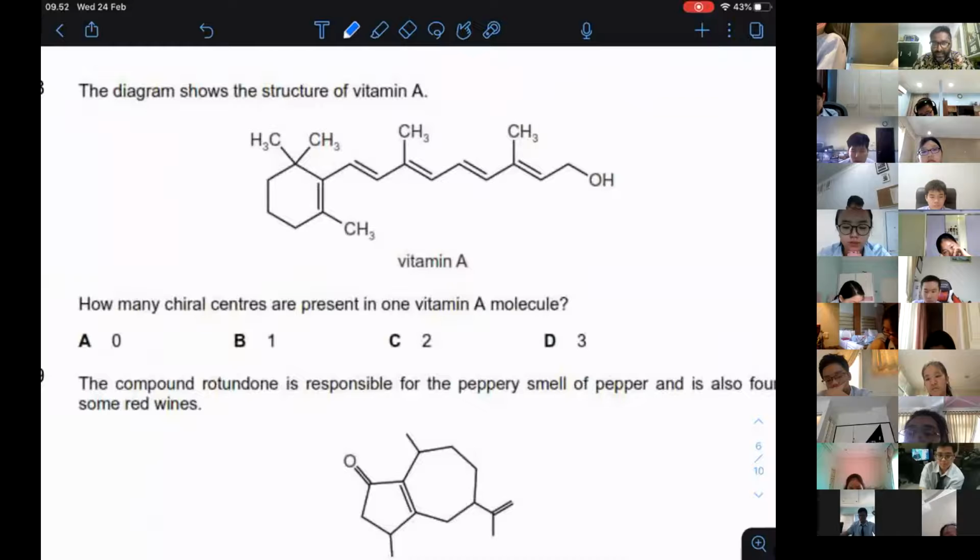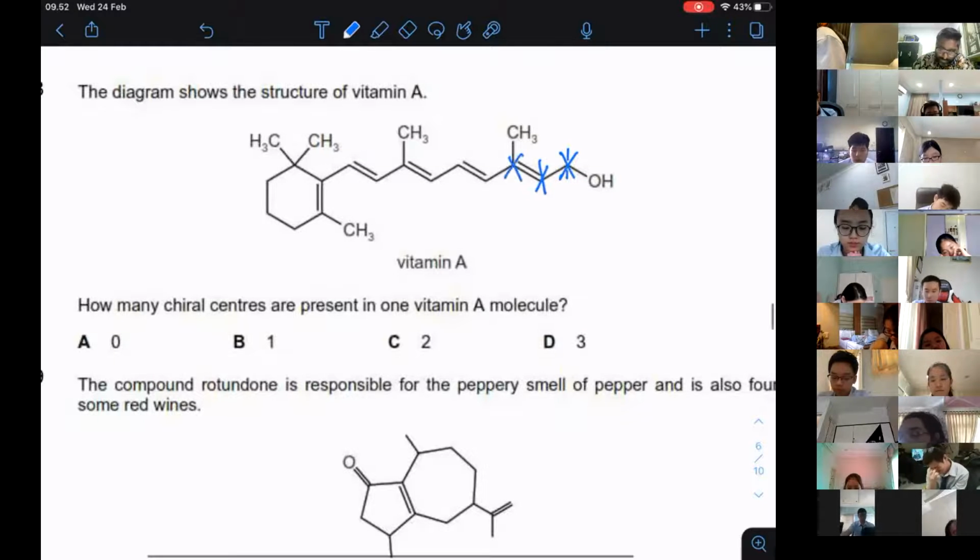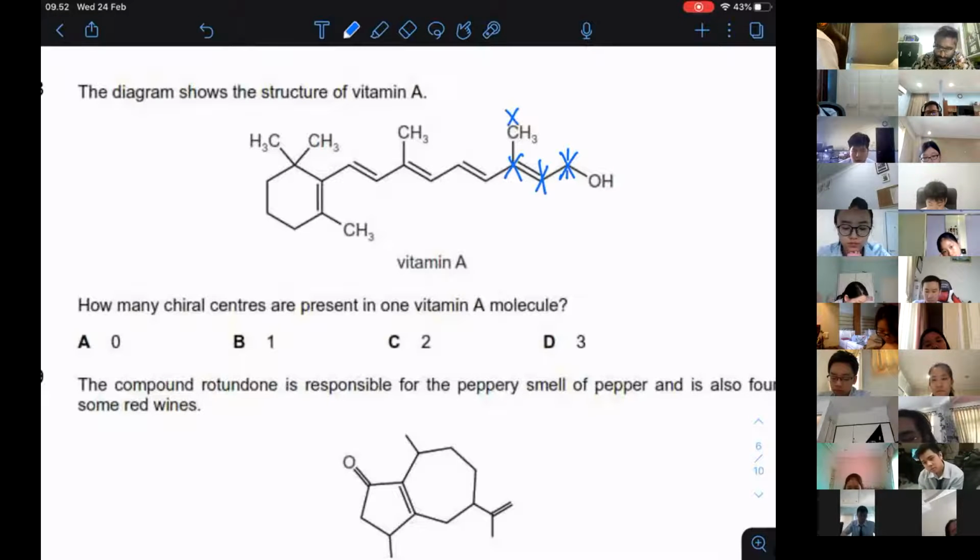Each of the carbons must have 4 bonds. This one has 2 bonds only, so there is hydrogen and hydrogen, so this is not a chiral center. It must have 4 different groups. Anything that is attached to the double bond is not a chiral center. This carbon is not a chiral center because it's CH3. Not a chiral center, not a chiral center.